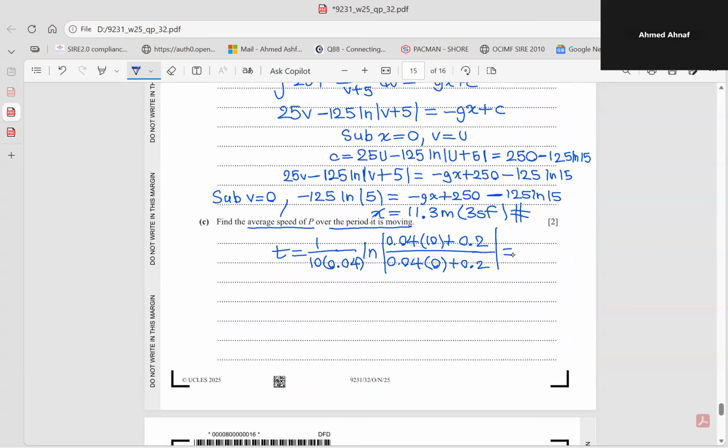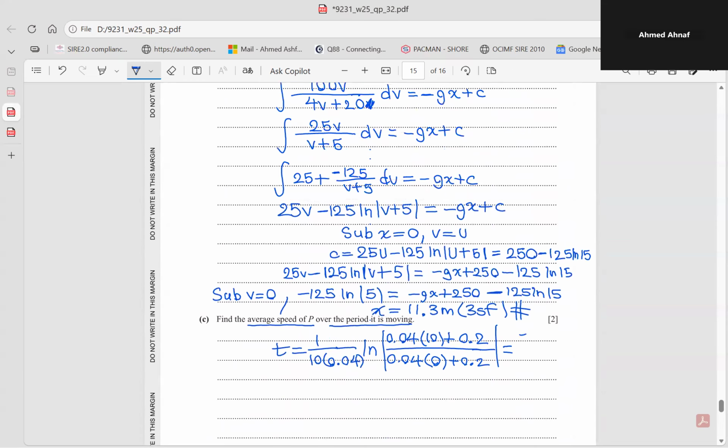So let's find the exact ln value first. So 1 over 10 plus 0.04, that is 5 over 2 ln of 0.04 times 10 plus 0.2 over 0.04 times 0 plus 0.2. That is 3. So this is 5 over 2 ln 3. Okay, so this is t.